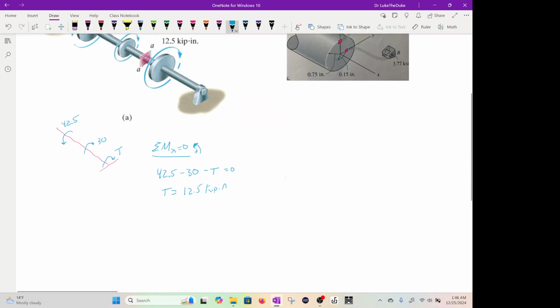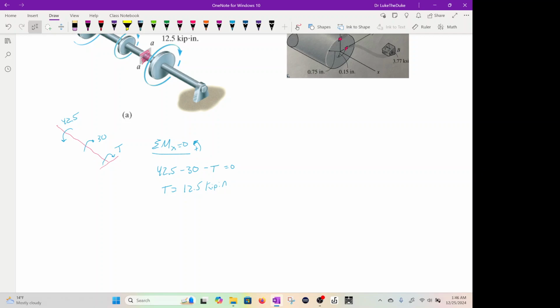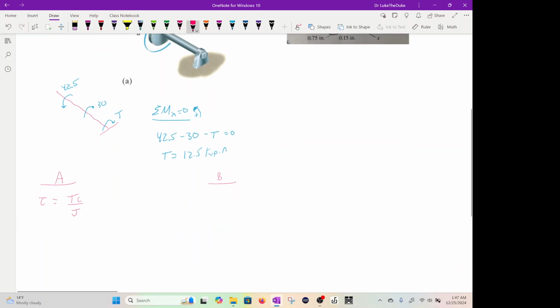Okay, now let's look at the shear stress. Let's do A and B. So at A, it's the max because it's on the outer. Okay. So tau equals TC over J. So tau max at A, this would be the torque times basically your radius, which was what?